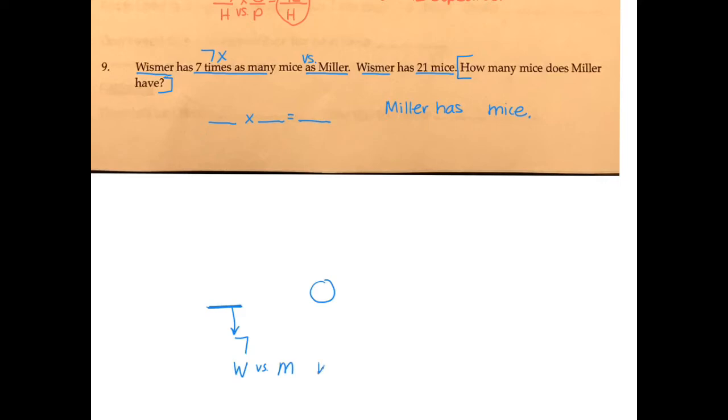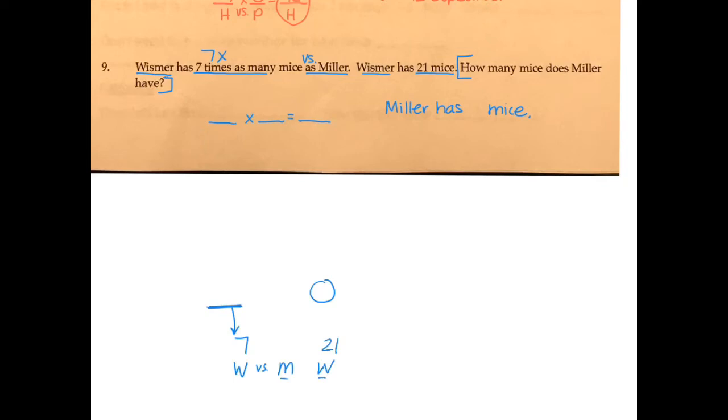So we need to go ahead and mark Wismer. Do you know Miller's or Wismer's real number? We know Wismer's, which is 21. And so now Wismer has 7 times versus Miller. How many mice does Miller have? We need to do the inverse operation.